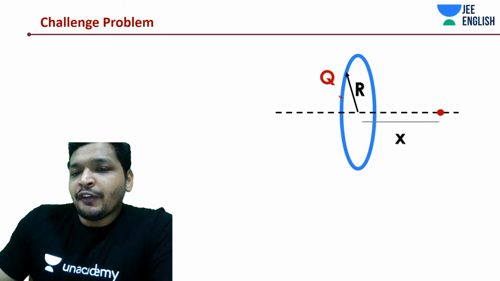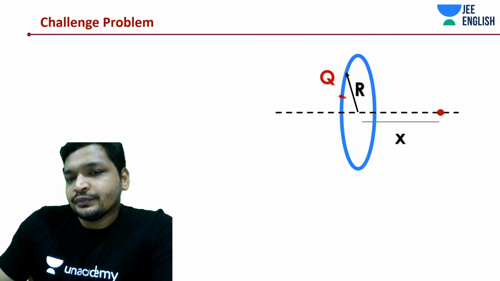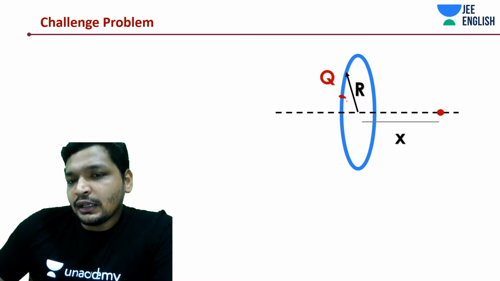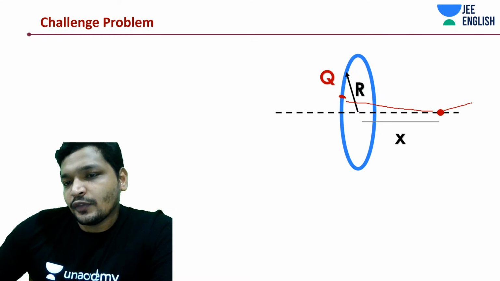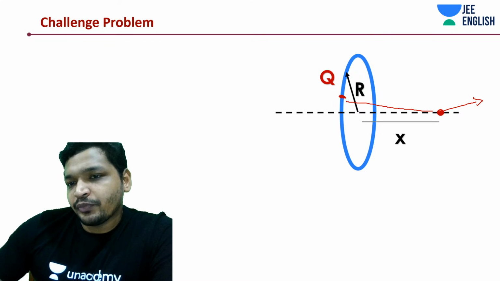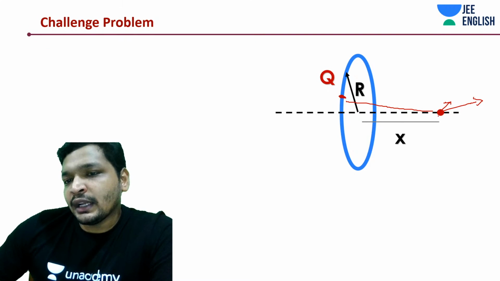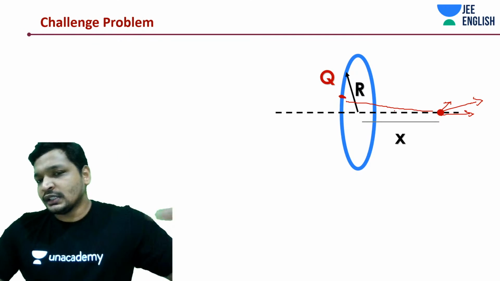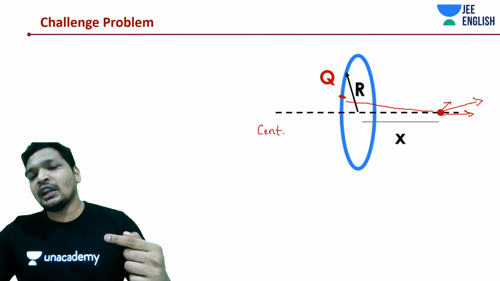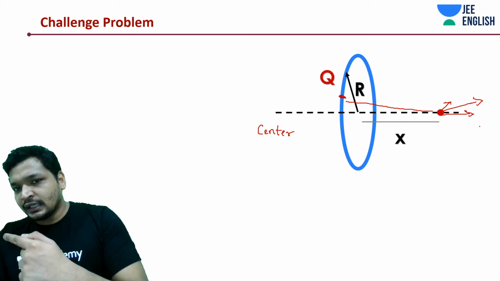What I'm saying is, if I'm going to take an element over here, it will be pointing off this axis like this. It would have some component like this and some component like this. Along the axis, through the center, one component would be directed like this.